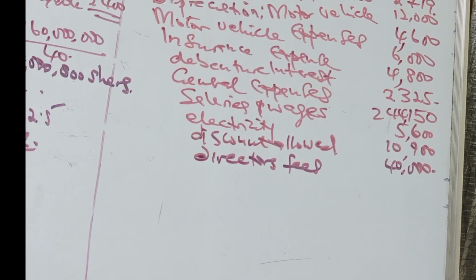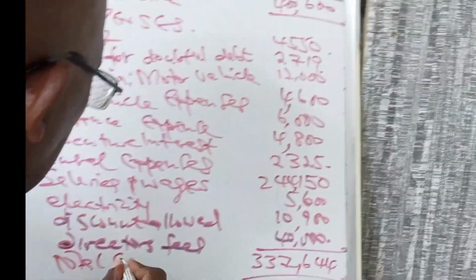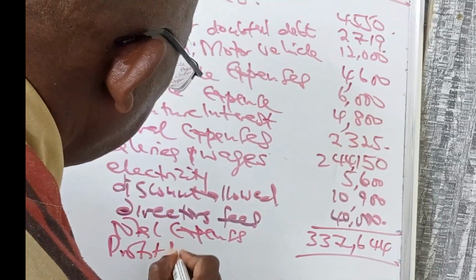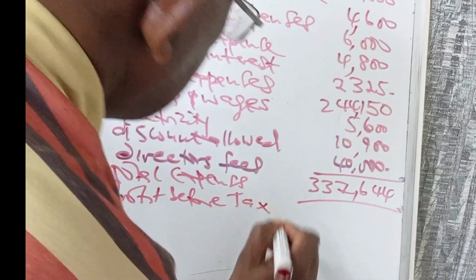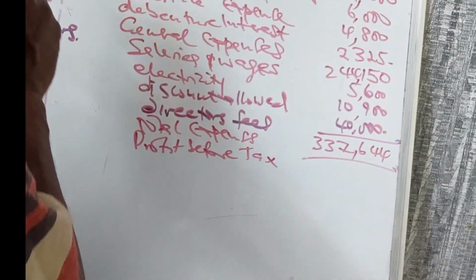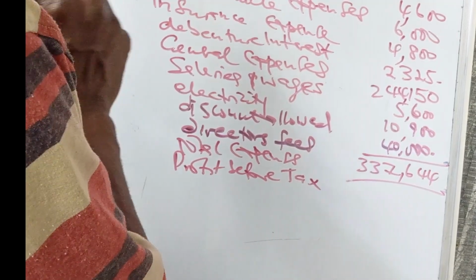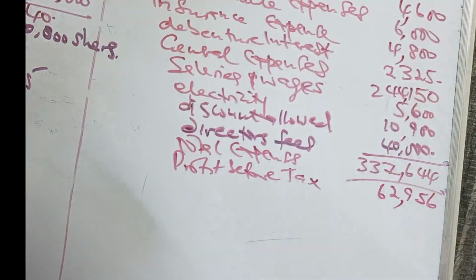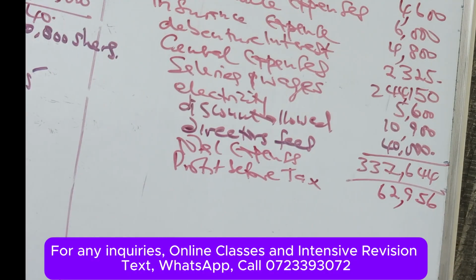We get a figure of 337,644. That is total expenses. So we get profit before tax. We subtract the total expenses from the aggregate income, 400,600. We get a figure of 62,956. That is our profit before tax.